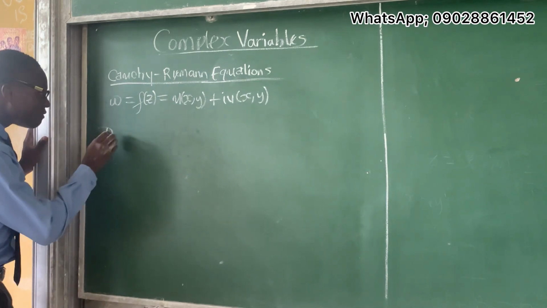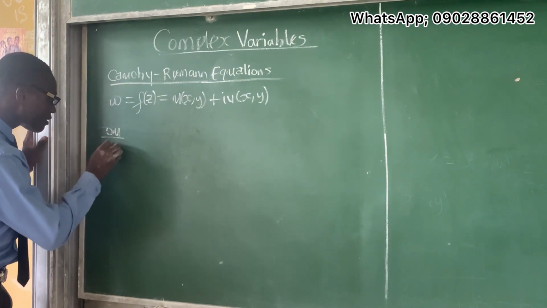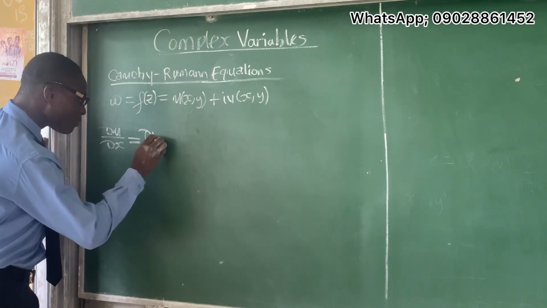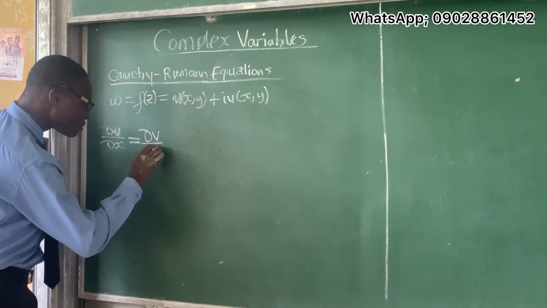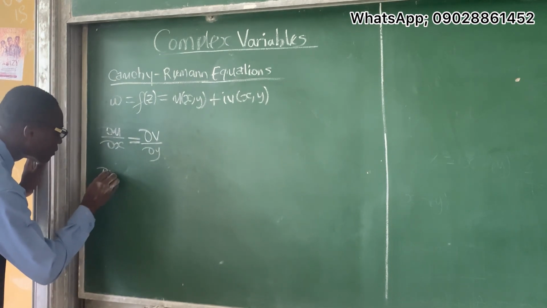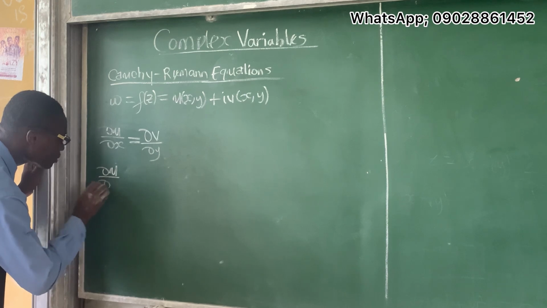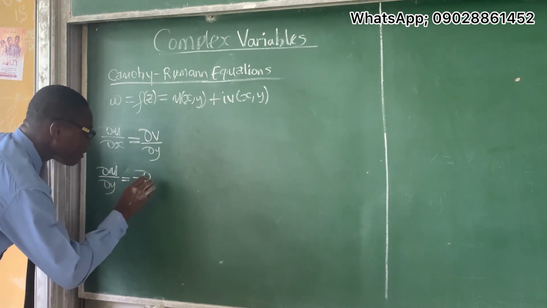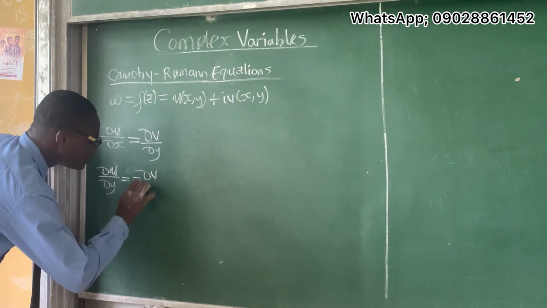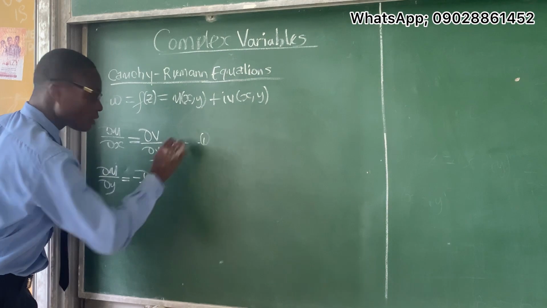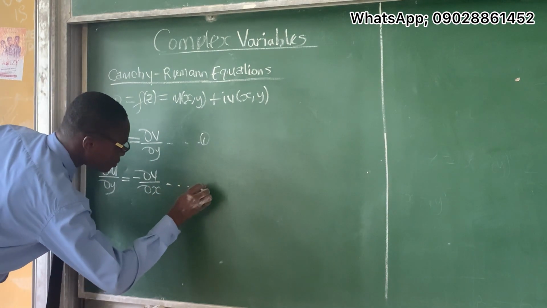The partial derivative of the real part with respect to x is equal to the partial derivative of the imaginary part with respect to y. And also, the partial derivative of the real part with respect to y is equal to minus the partial derivative of the imaginary part with respect to x. Call this equation 1, and then call this equation 2.